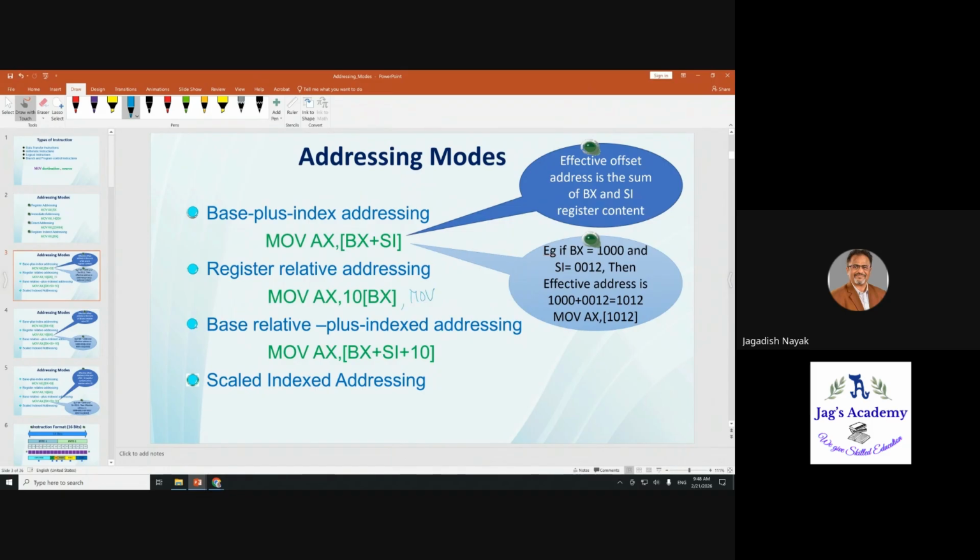MOV AX, within square bracket BX plus 10. Some relative value. This is the BX register. This register can be anything. I've understood this. Okay. So this is the register relative addressing mode. Now let us go back here.